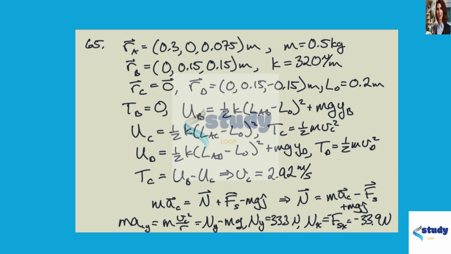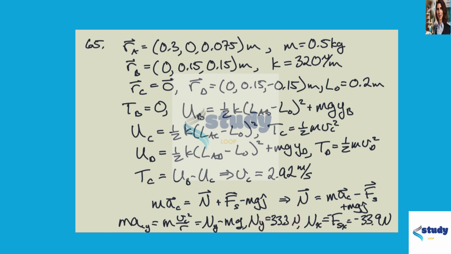So again, we can solve for the normal force, and in the y direction at that point, the acceleration is vc squared over r in the positive y direction, because it's going through this circular arc. And then we get that in that case, ny is 33.3 newtons.